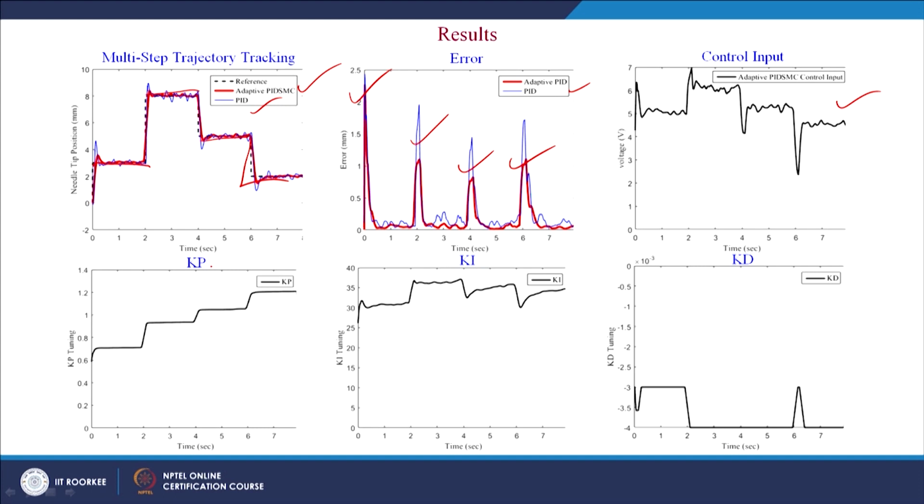Then we have the ranges of the tuning of Kp, Ki and Kd as shown here, which vary between 0 to 1.4 for Kp, 25 to 40 for Ki, and Kd is in the 10 to the power minus 3 range.